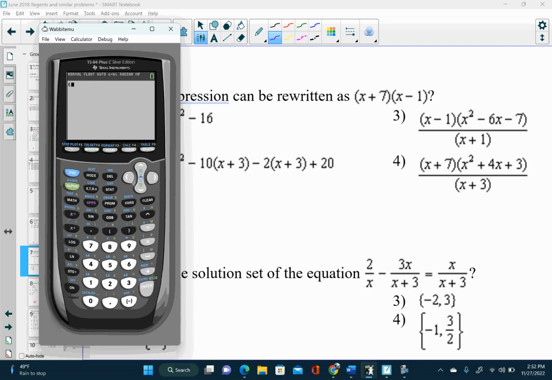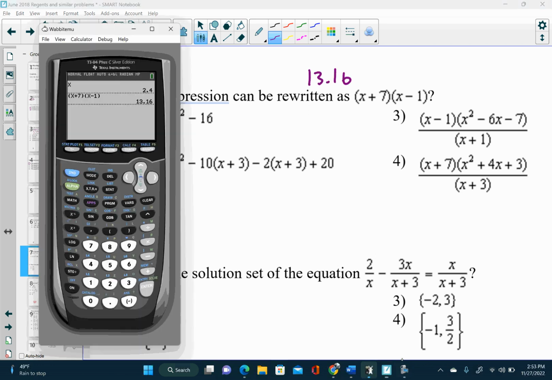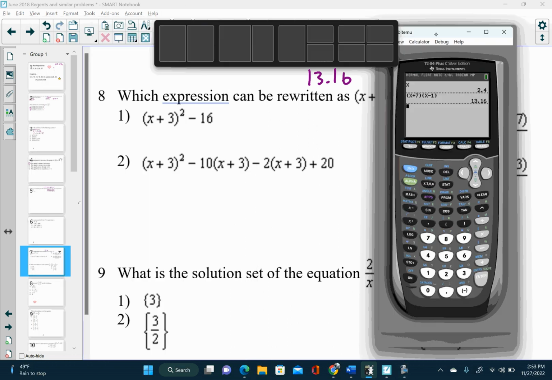I already have the 2.4 stored. I can check it if I want. X should be 2.4. Perfect. So now I have parentheses, x plus 7, close parentheses, parentheses, x minus 1, close parentheses. I'm going to write down this number, so 13.16. That's my target number, and now I'm going to go back to my calculator, type in each of the ones that are here.